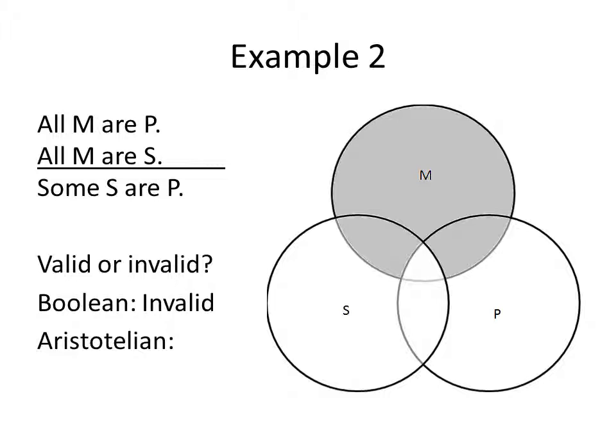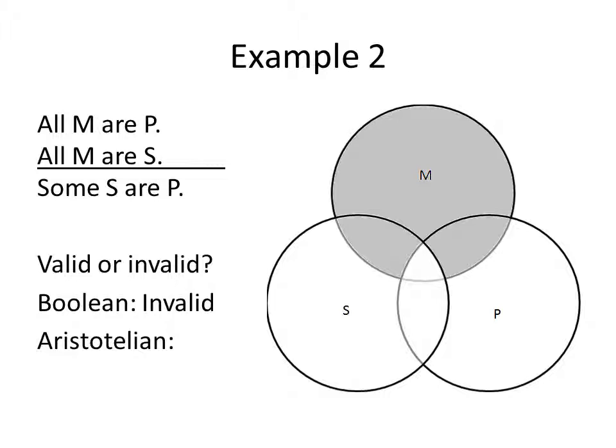We're going to look out for diagrams where any of the circles are such that all but one part of them are shaded. Is there any part of this diagram, any circle, where all but one of the pieces is shaded? Well, yeah, the M circle. There's one part of the M circle that's left unshaded.